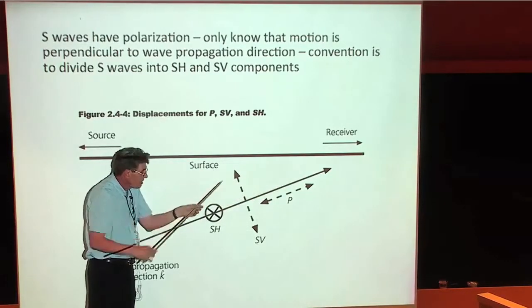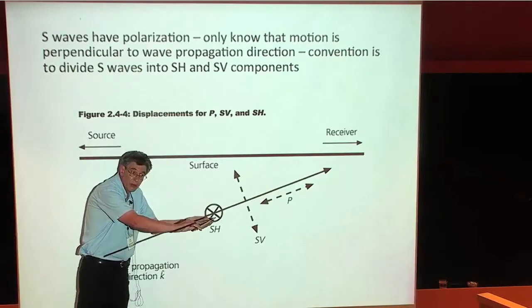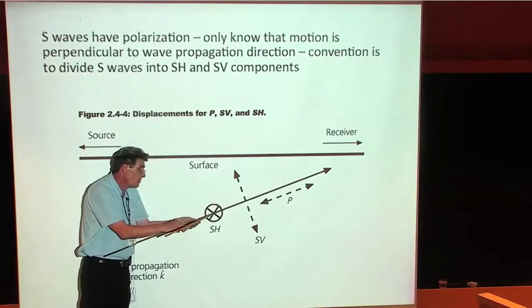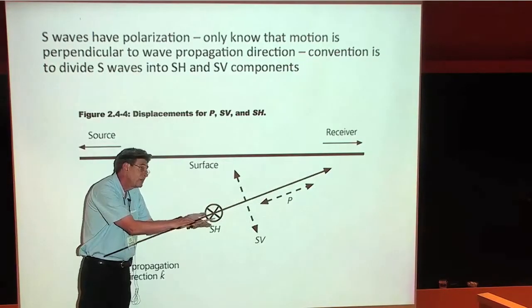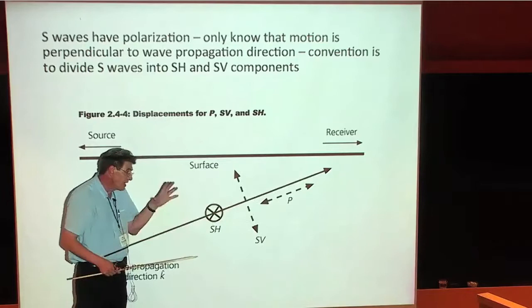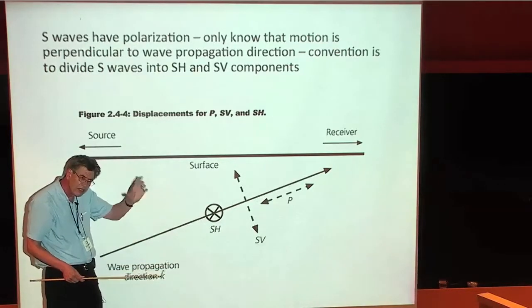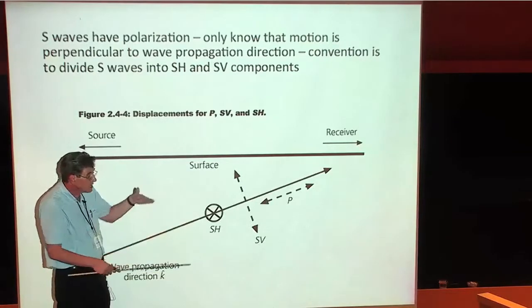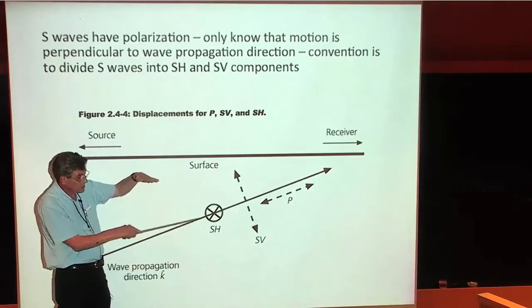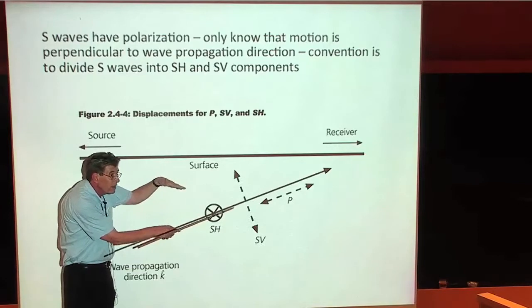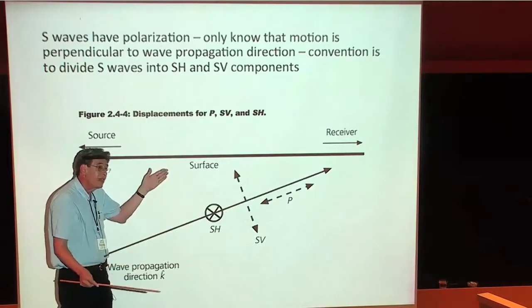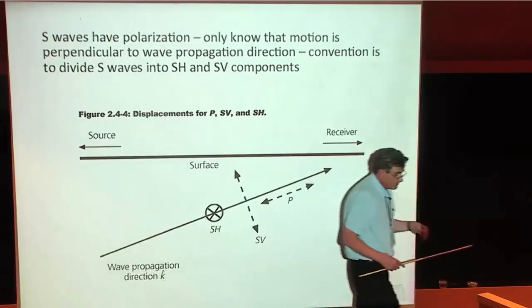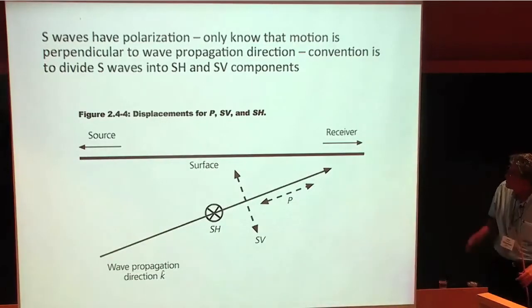The SH component here is perpendicular to the direction that the wave is traveling, and we call that the tangential direction for waves in practice. So we divide S waves, kind of artificially, into these two components. There's a good reason for that, because we will see that SH in an Earth that has flat layers behaves very differently than the SV. Our wave equation, an S is an S, it could have particle motion in any direction. So that's just a convention of nomenclature, but it's kind of important.